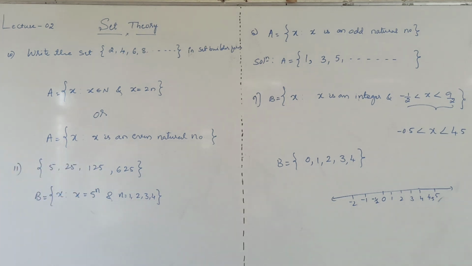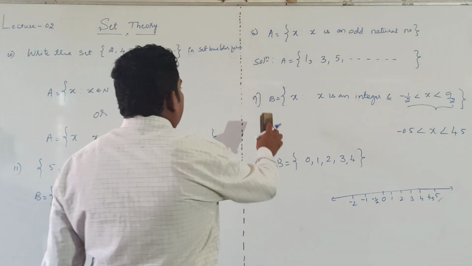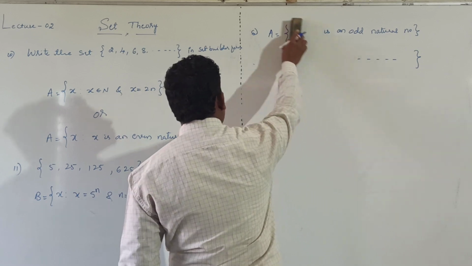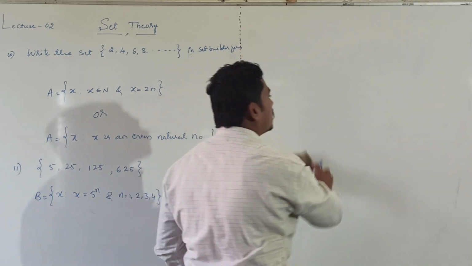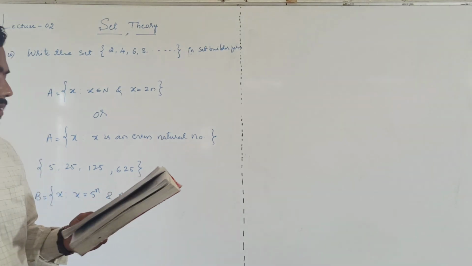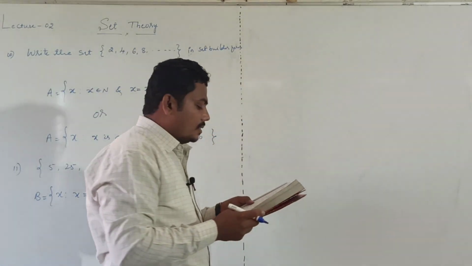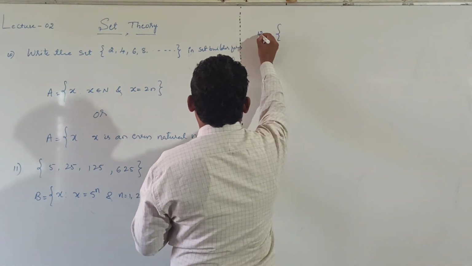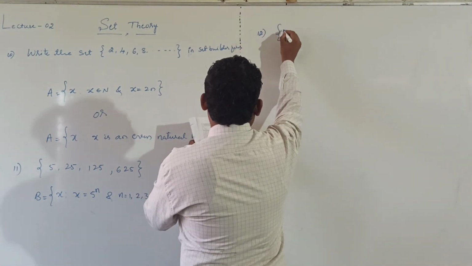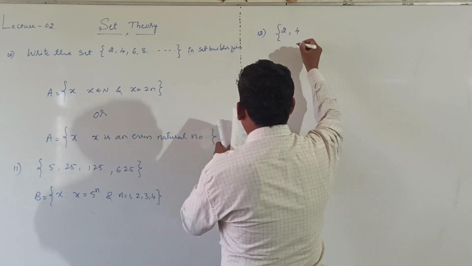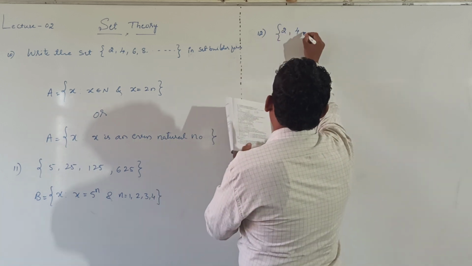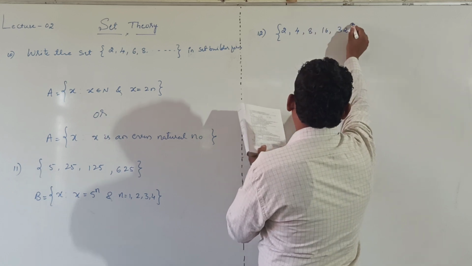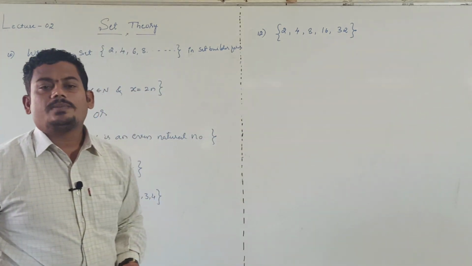Next problem. Write the set 2, 4, 8, 16 and 32 in set builder form.